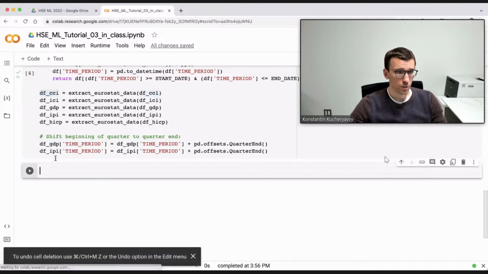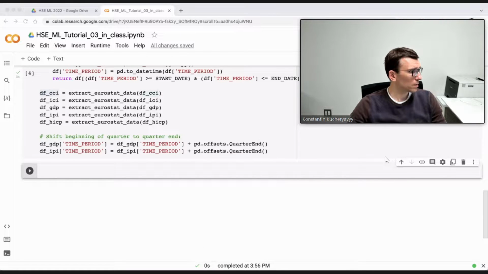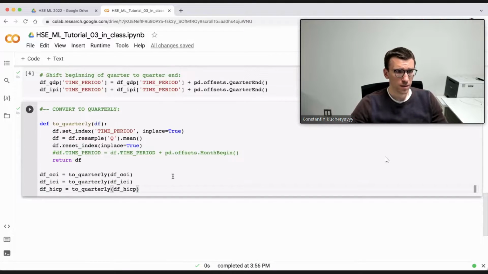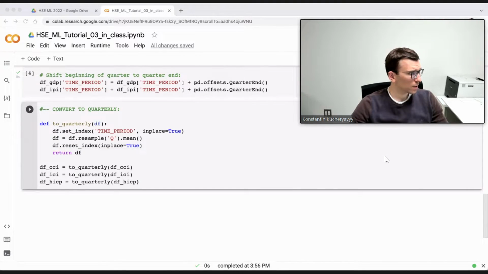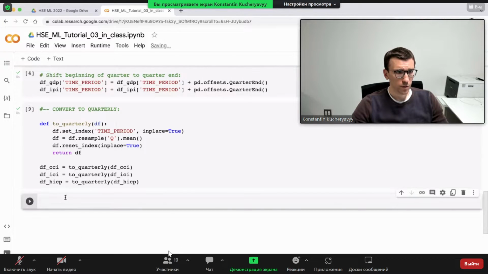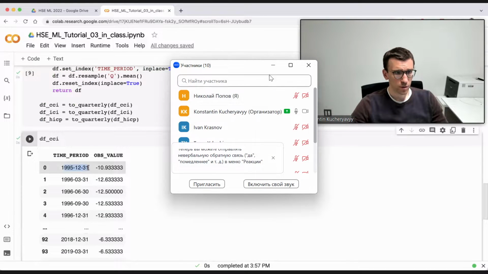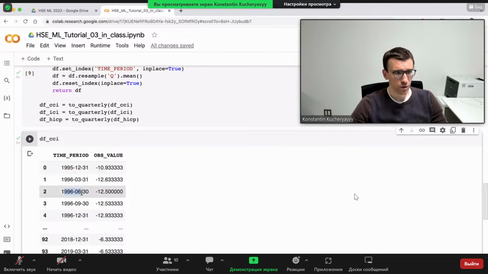In the next piece of code, I'm just repeating what I did last time, but I fixed the mismatch of quarter timing that I had. I can remove this. Okay, I ran this, and now if you look at the consumer confidence indicator, it's quarterly averaged and assigned to the end of each quarter.